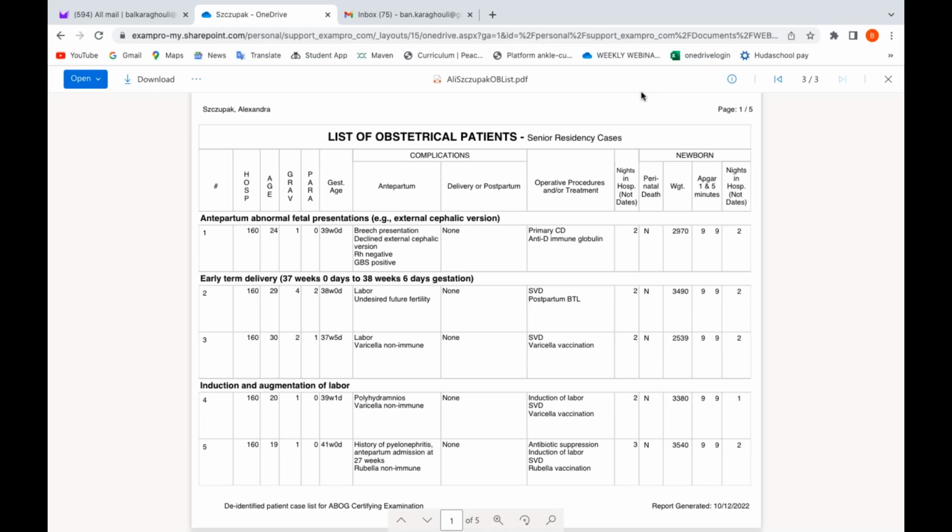The ideal candidate would be somebody at term, somebody that is multiparous, a baby that's measuring normal size, someone that came in spontaneous labor. That's all I can think of right now.